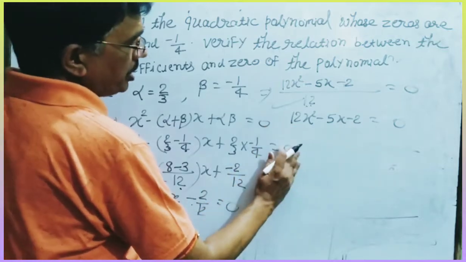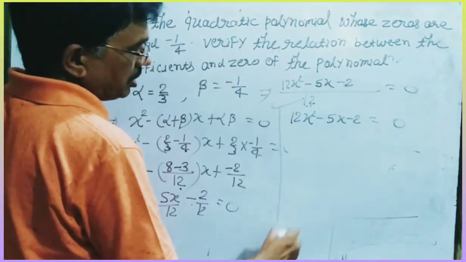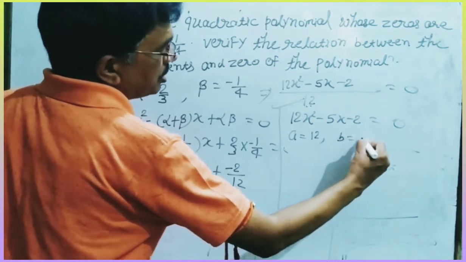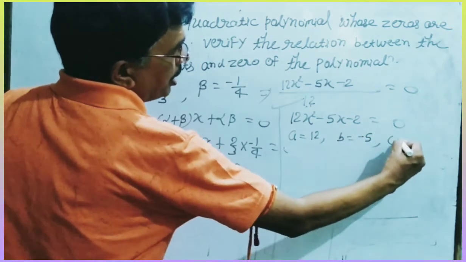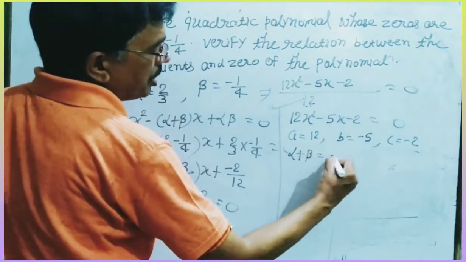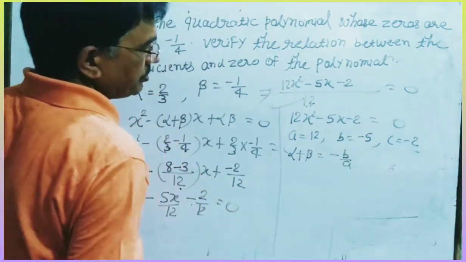Next, what are the coefficients in this question? Coefficient a is 12, b is minus 5 and c is minus 2. What is alpha plus beta? It is minus b by a.